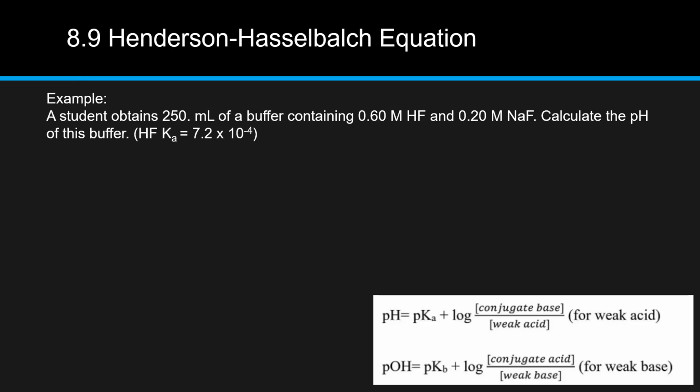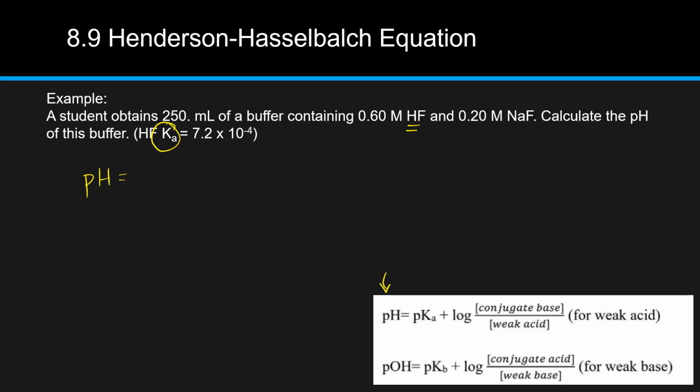All right, another example says a student obtains 250 milliliters of a buffer containing 0.6 molar HF and 0.2 molar NaF. Calculate the pH of this buffer, and you are given the Ka value. So again, we're given Ka, and we are given a weak acid, so we are going to be solving with the top Henderson-Hasselbalch equation, where pH is equal to the pKa plus our log of the conjugate base over the weak acid.